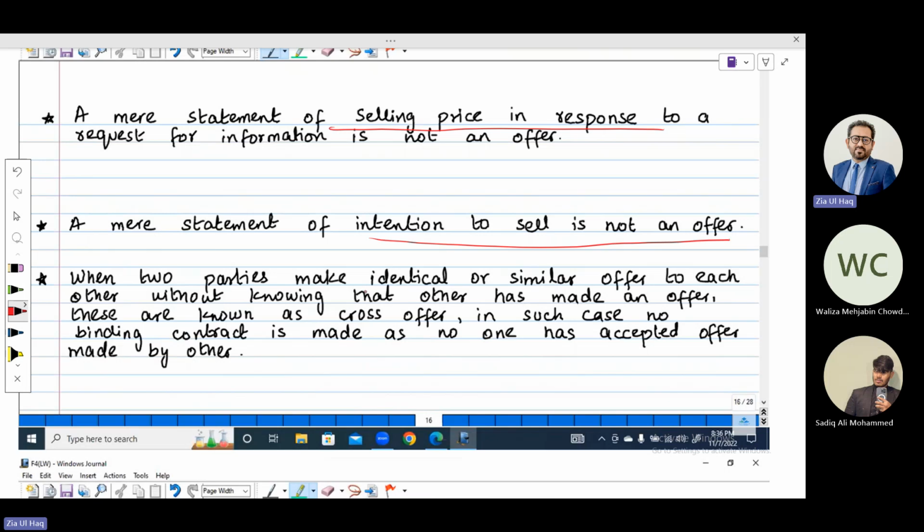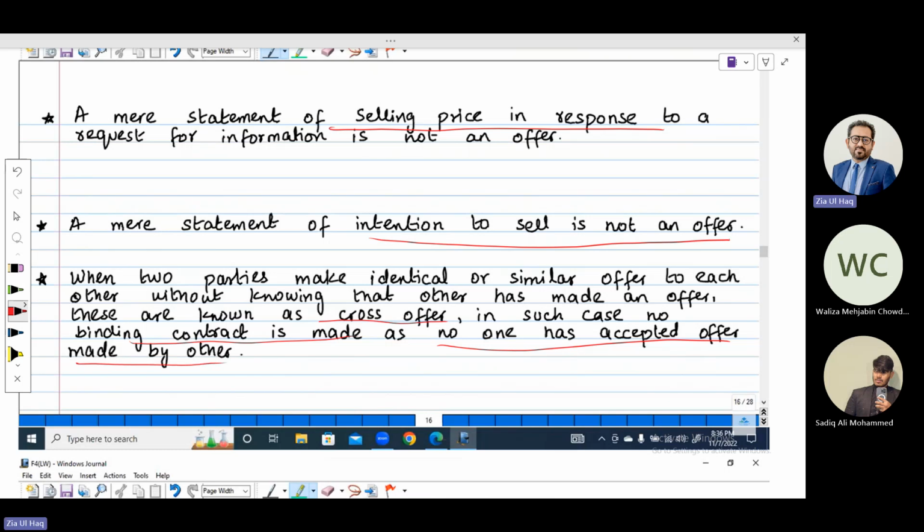When two parties make identical or similar offers to each other without knowing that the other has made an offer, these are known as cross offers. It means one person offers a price, the other person offers another price. So this will be called a cross offer. In such a case, no binding contract is made as no one has accepted the offer made by the other.